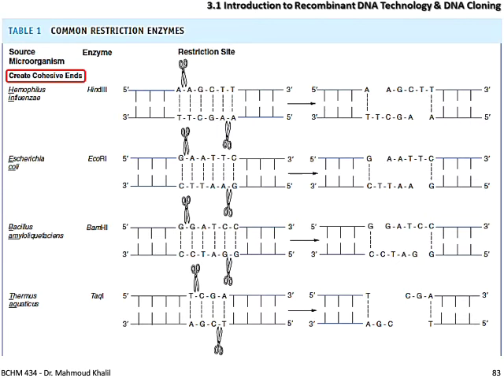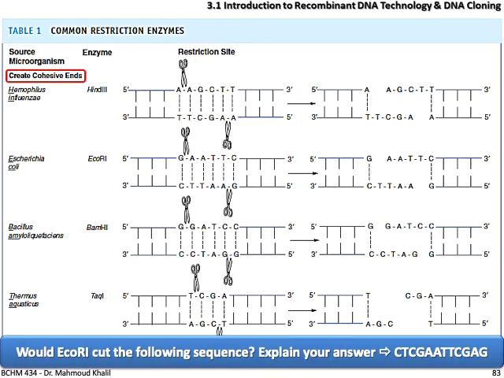They create cohesive or sticky ends. Would EcoR1 cut the following sequence? Explain your answer. Just check if EcoR1 can cut this sequence. Do it as an exercise. You can go to the restriction enzyme figure, find the EcoR1 restriction site, and compare to see if it will cut this sequence or not.